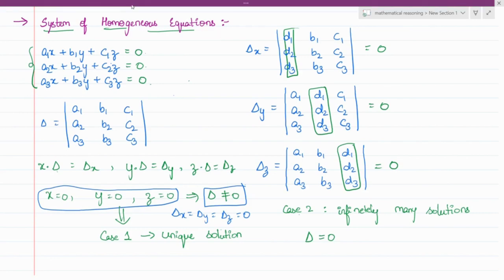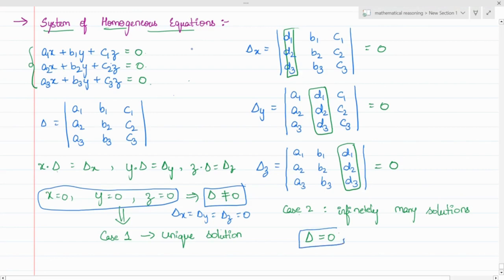This is the case which we use to find the infinite solutions. In the unique solution case, delta is not equal to 0 and the other three deltas, delta x, delta y, delta z, are equal to 0, whereas in the infinitely many solutions case, delta is equal to 0.